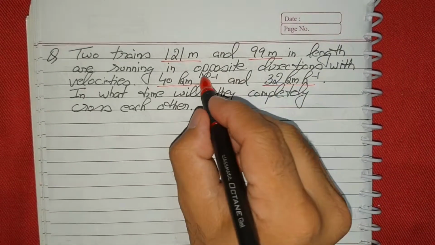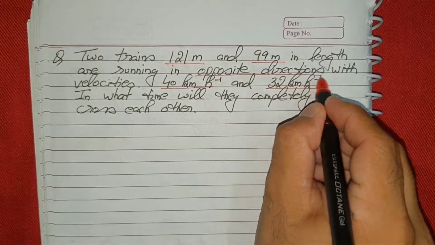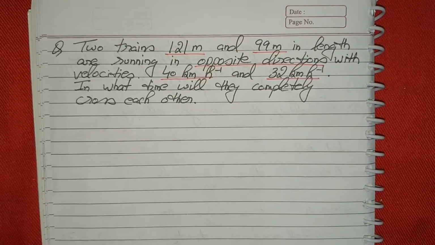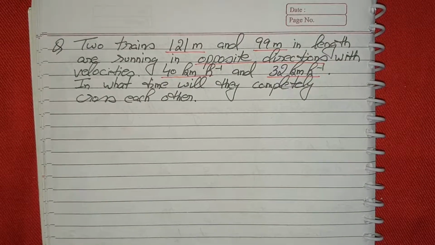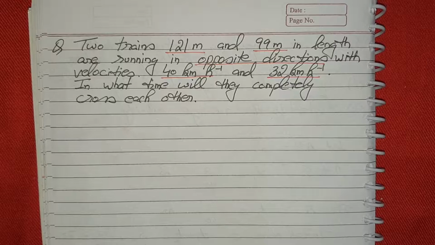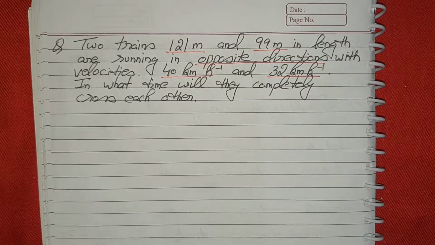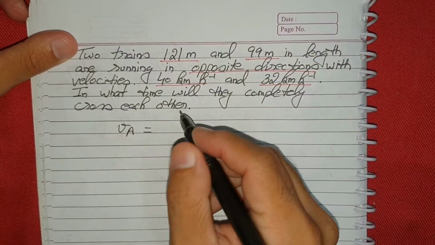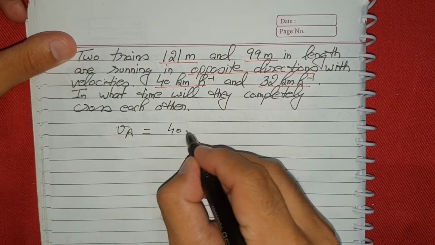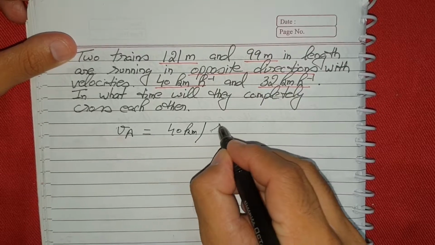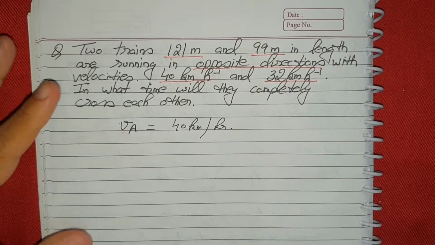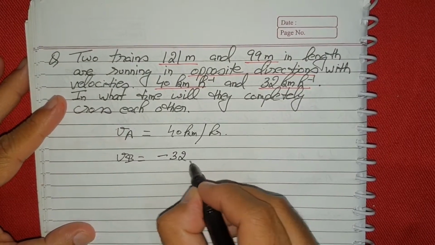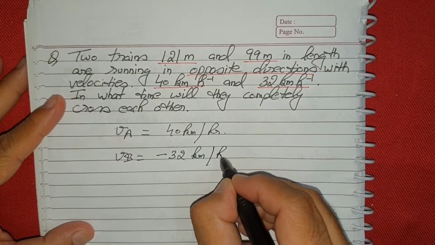Now see, the point is they are moving in opposite directions. So now let's consider, we have to take one as positive and the other will be negative since its velocity is exactly in the opposite direction. So let VA equal 40 kilometer per hour and VB will automatically be minus 32 kilometer per hour.